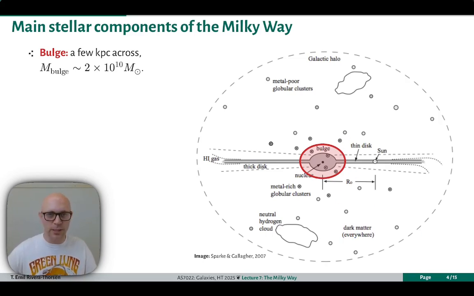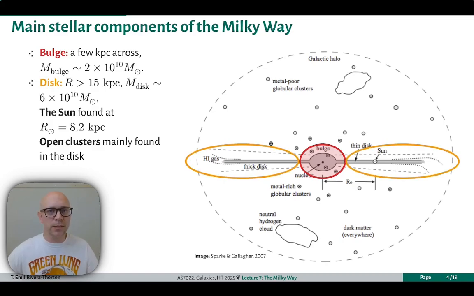The bulge is a few kiloparsec across, and it has a mass of around 2 times 10 to the 10, or about 20 billion solar masses. So even though it is quite small, it has a very large concentration of stars in there, which means that it has a very large stellar mass still.